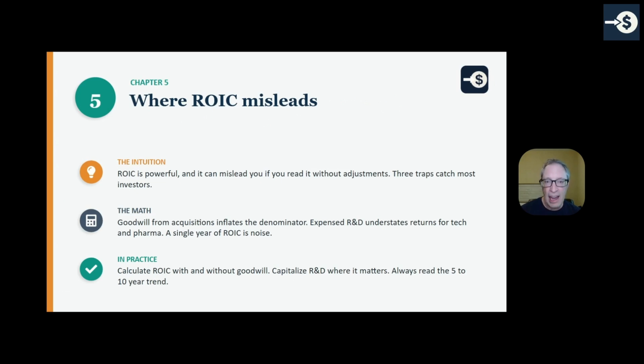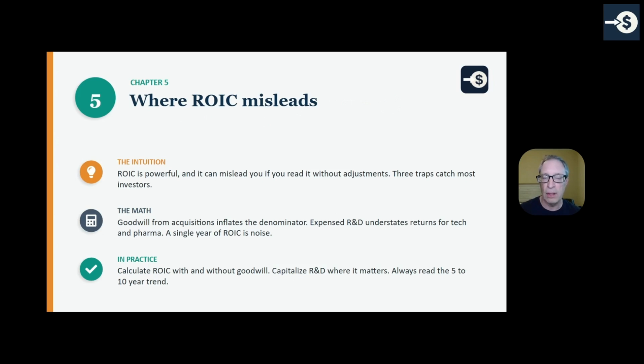But in reality, the money they're spending on developing things in the R&D line item on the income statement may not show up for many, many years in the profits, or it might not show up because they're spending all this money and it's not leading to growth.